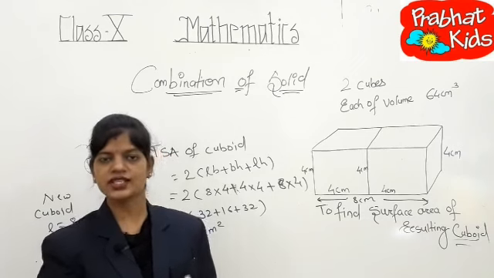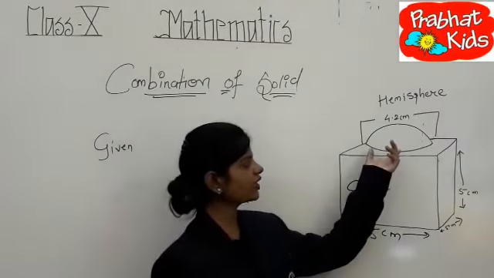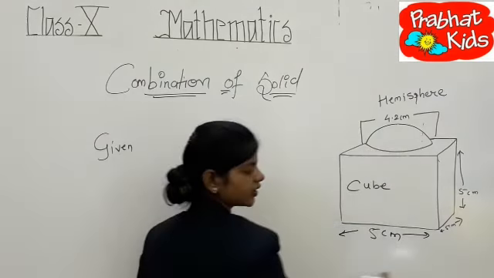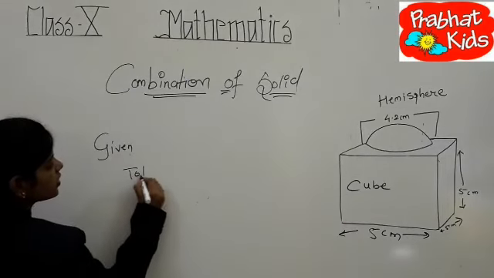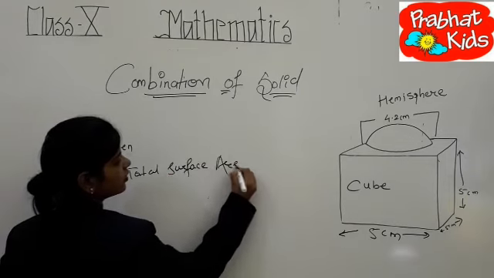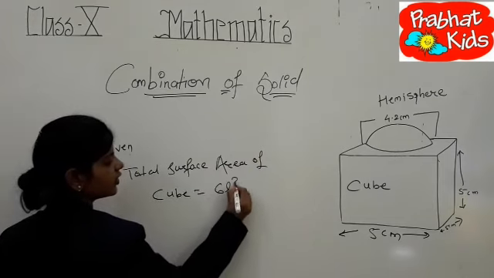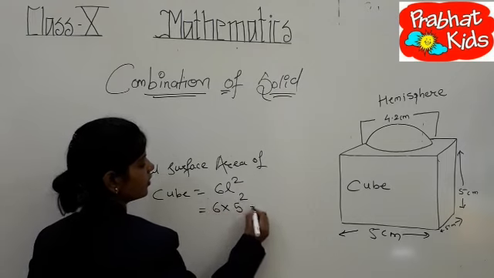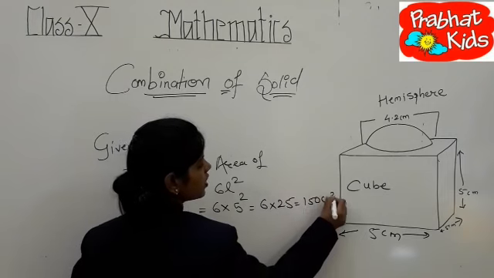Now let's start our second question. A solid which is made up of one cube and a hemisphere. First we have to find the total surface area of the cube, which is 150 centimeter square.